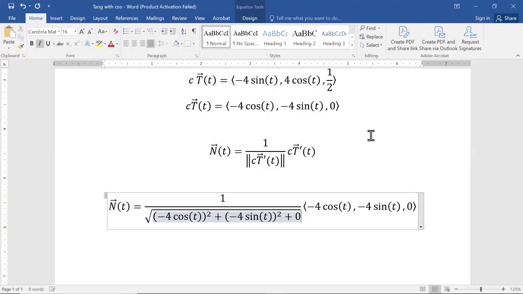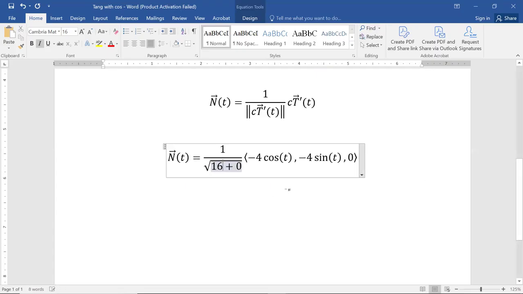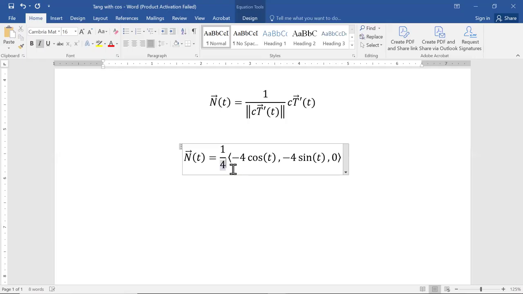Similar to what we had before, we have 16 cosine squared plus 16 sine squared plus 0. When I do that calculation, I get 16 plus 0 under the square root. The square root of 16 is 4, so I'm going to be multiplying everything by 1/4.